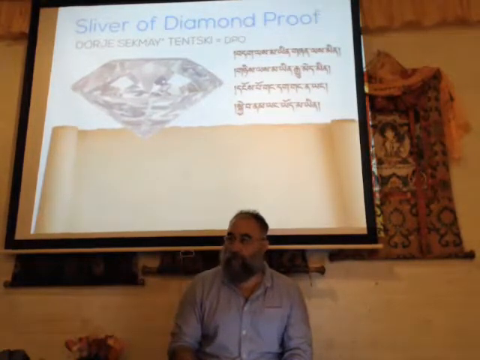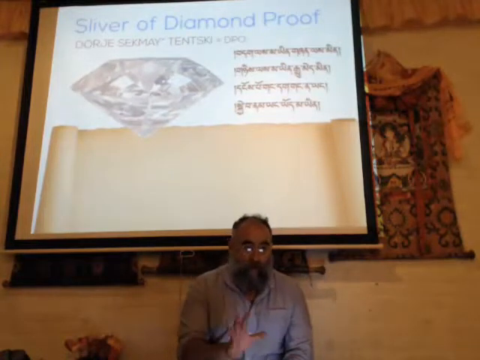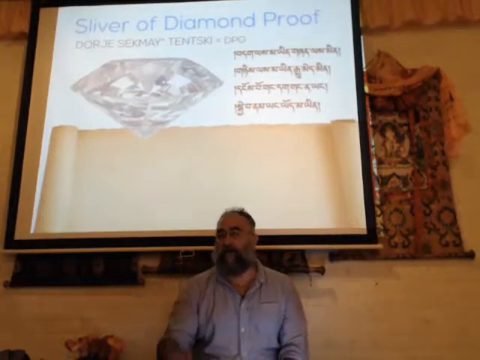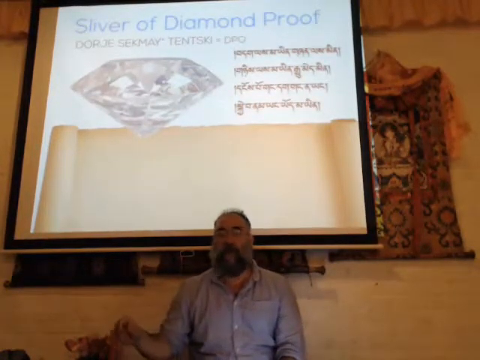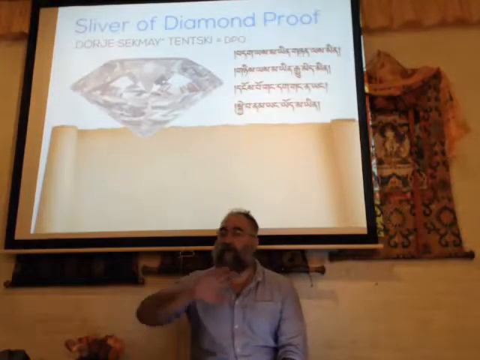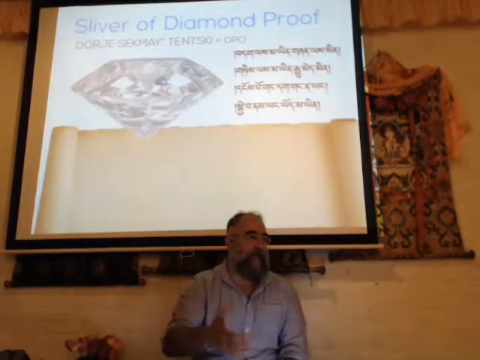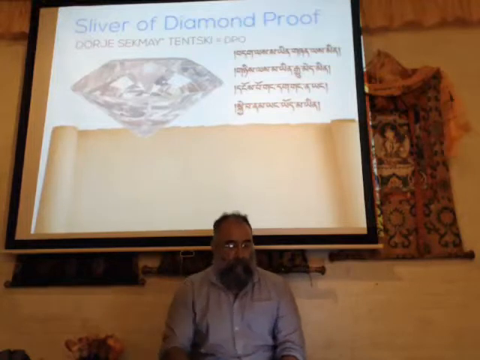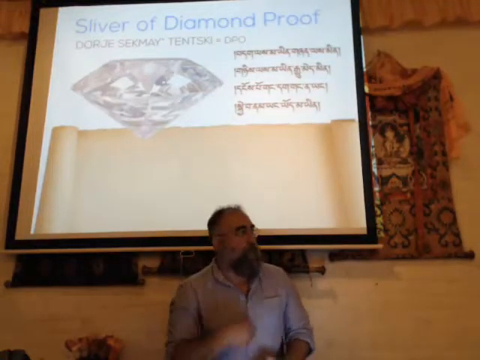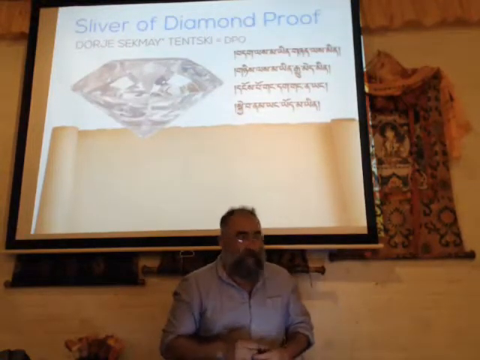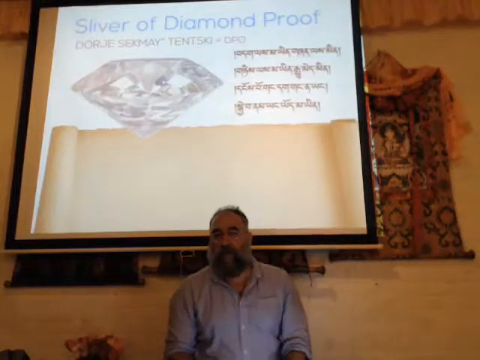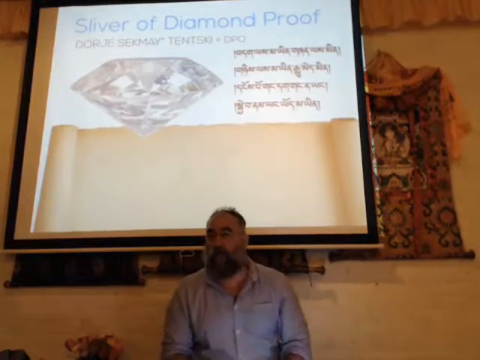It's like a perfect carbon molecule. So your experience of that, and an Arya's experience of that, and a Buddha's experience of that is not any different at all. 100% exactly the same. So the name of this proof, sliver of diamond, is pointing to the fact that you can have this experience, that is you can touch an ultimate thing.